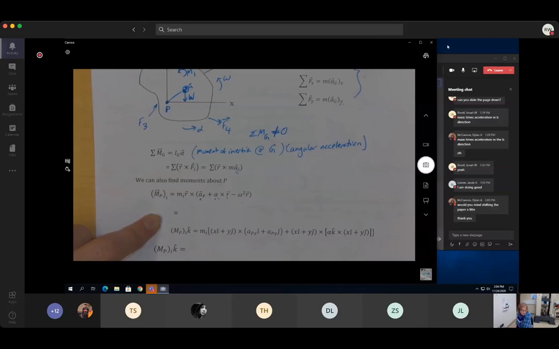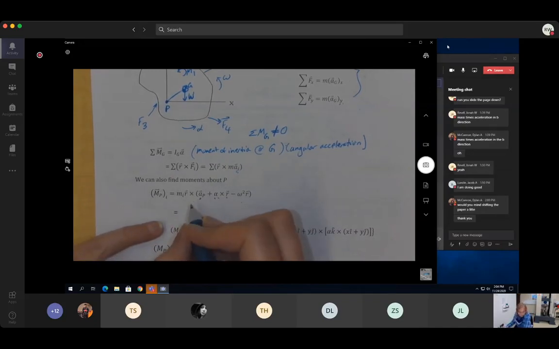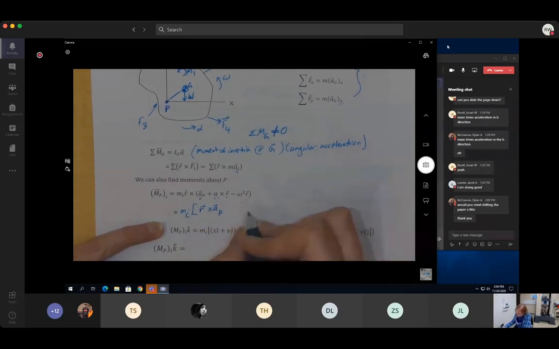Okay, so if we rearrange this a little bit, I'm going to distribute this r cross to each of those pieces. And so we have m sub i, and then r crossed with the linear acceleration of the reference frame, plus r crossed with alpha crossed with r.